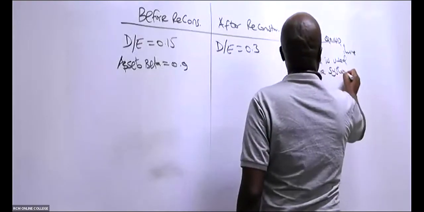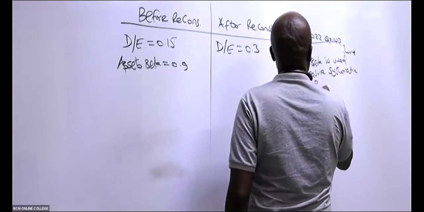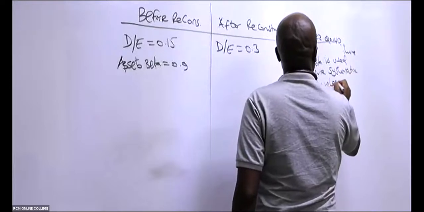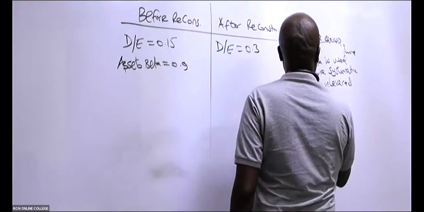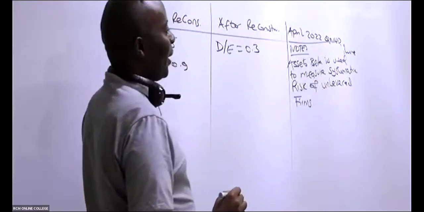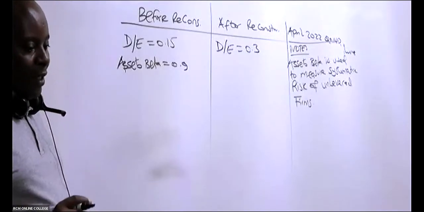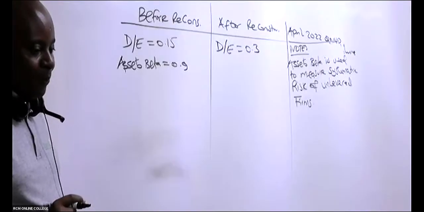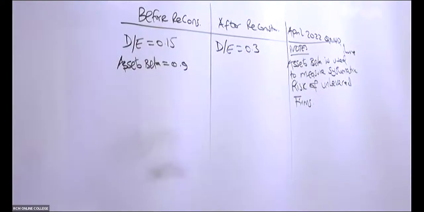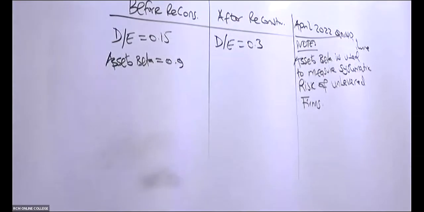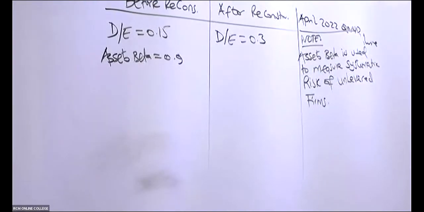Asset beta is used to measure systematic risk of unlevered organizations.